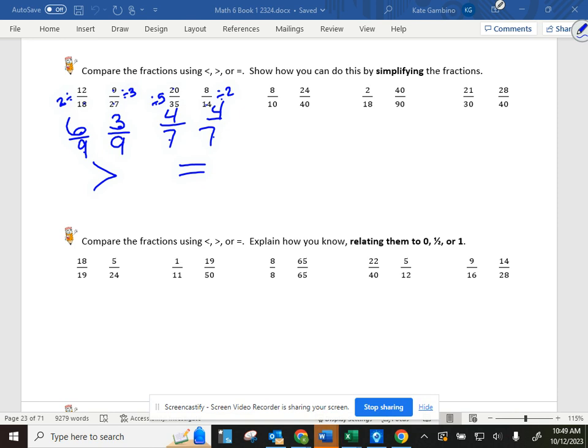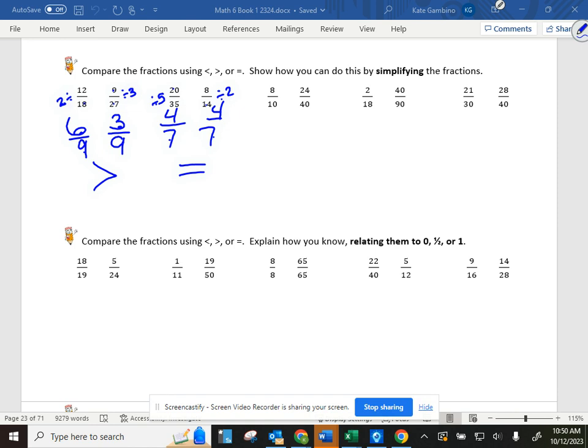Let's look at our next one. 8/10 and 24/40. What common denominator do I want to do? Claire. You want to keep thinking? Help her out, Lauren. What do you think?